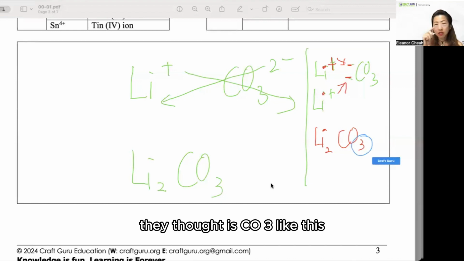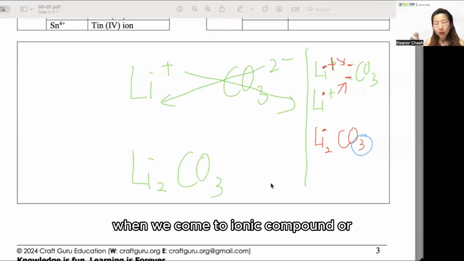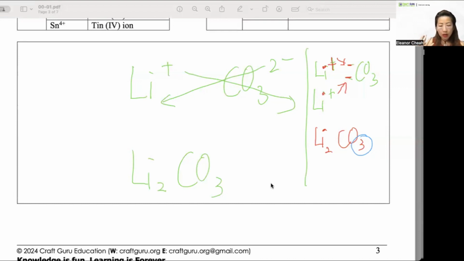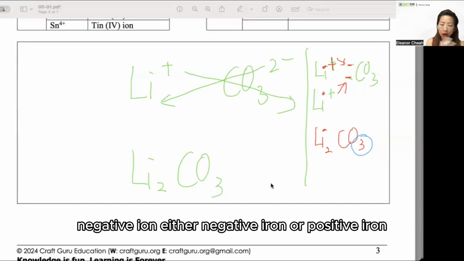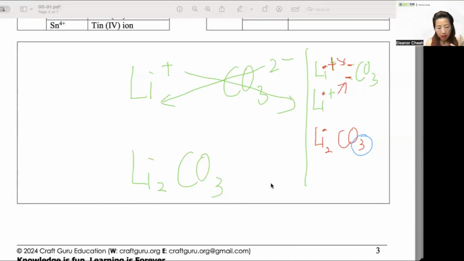Now, here people get confused about the 3. They think it's C and O3 separately, like this. No. When we come to ionic compounds, either negative ion or positive ion, we imagine it is the whole thing.